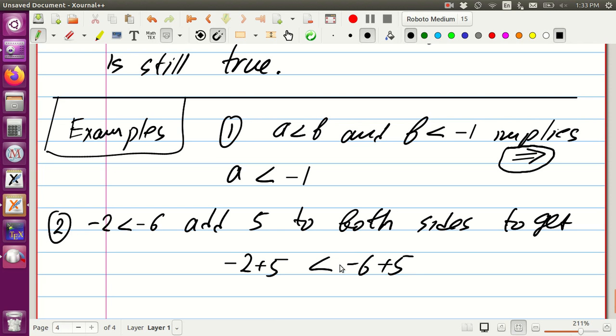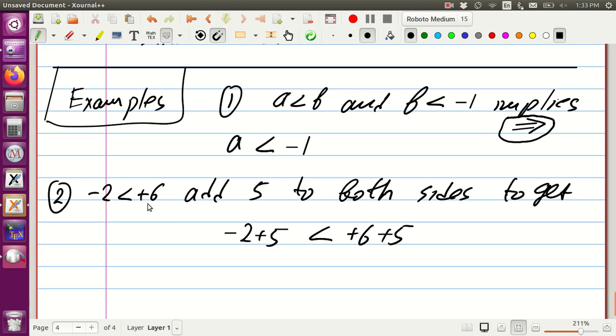I said -6 earlier, this was wrong, it should be +6, otherwise it would be a mistake. So -2 is less than 6, and if we add 5 to both sides, on the left side we get +3 is less than 11. All right. So basically, -2 is less than +6 is equivalent to +3 less than 11.